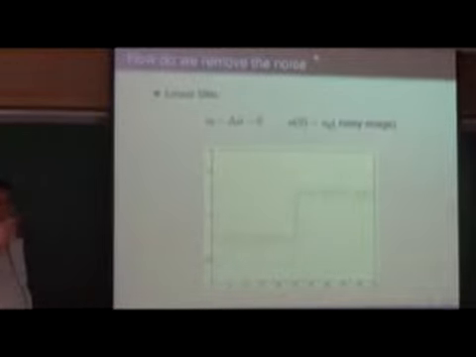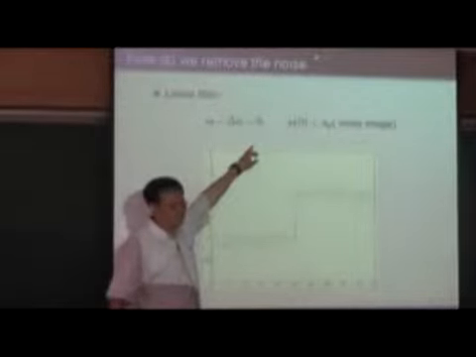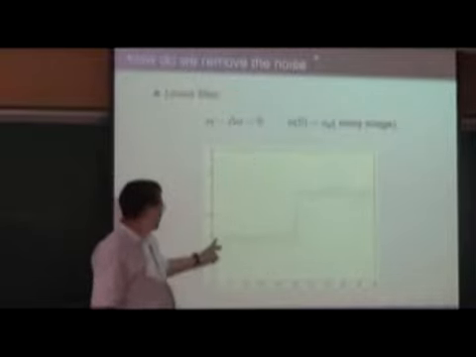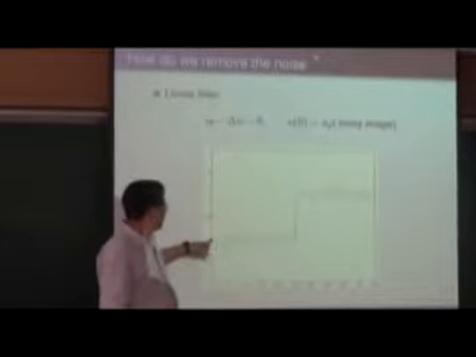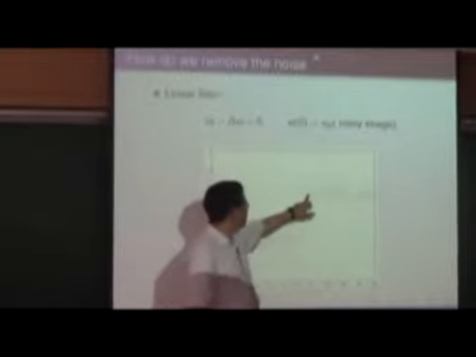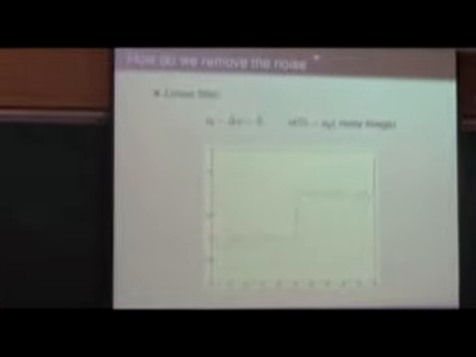If you want to remove noise, essentially you put the noisy image as the initial temperature. Then the high temperature goes down, the low temperature goes up. After a little while the oscillation will disappear. So that's the easiest way to use a partial differential equation for image processing.